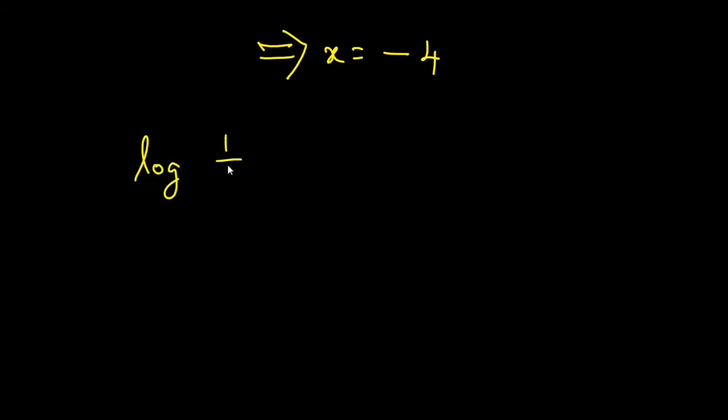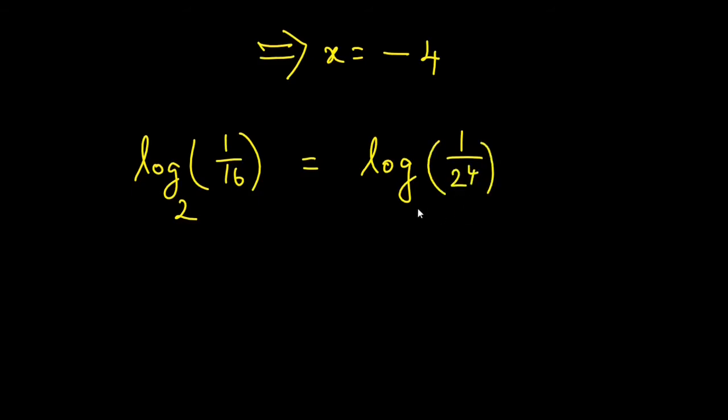Log of 1 by 16 to the base 2 is equal to, now convert 1 by 16 into powers of 2, log of 1 by 2 power 4 to the base 2, which is log of 2 power minus 4 to the base 2.